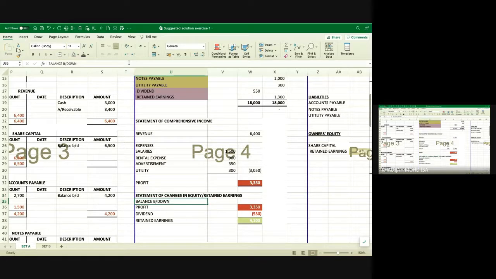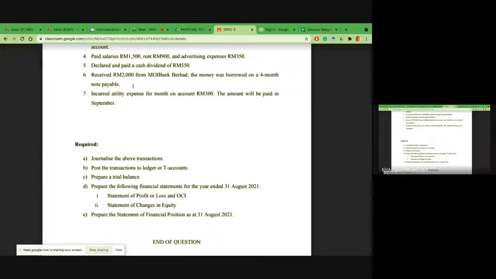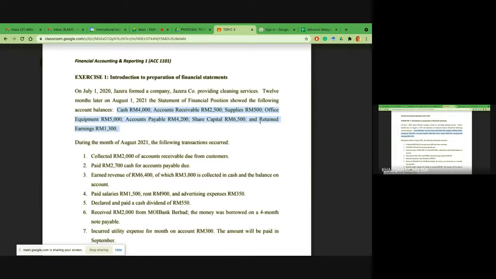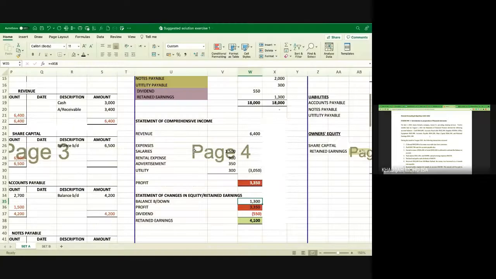So you have a balance brought down. How much is your balance brought down? In this case, you have a balance of 1,300. Where do you get the balance from? It's clearly mentioned in the question that your retained earnings balance is 1,300.